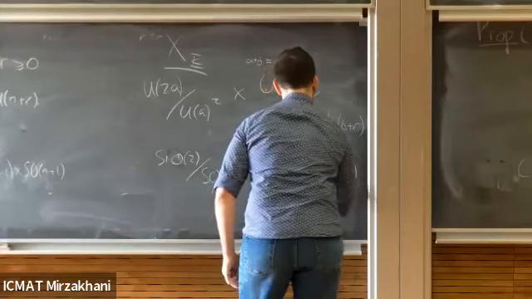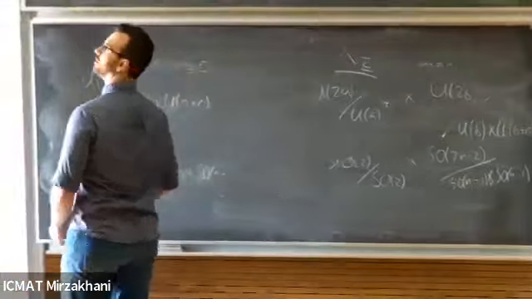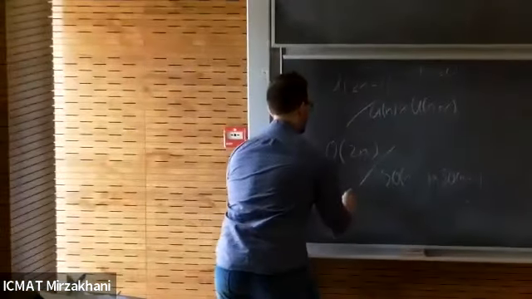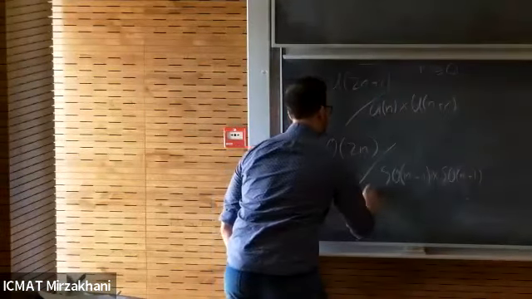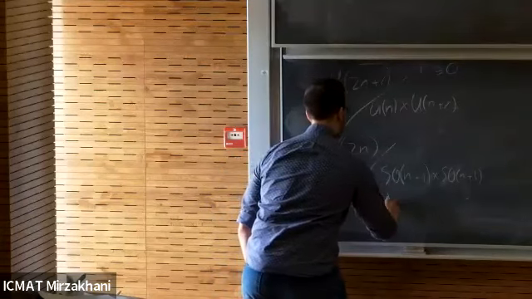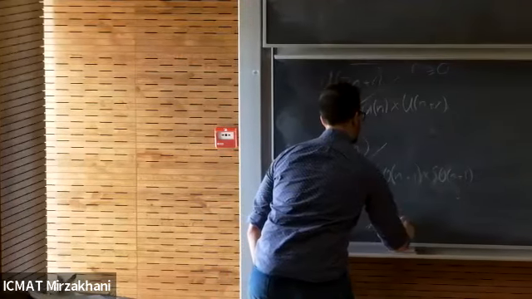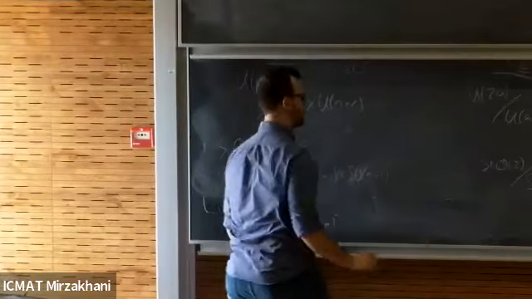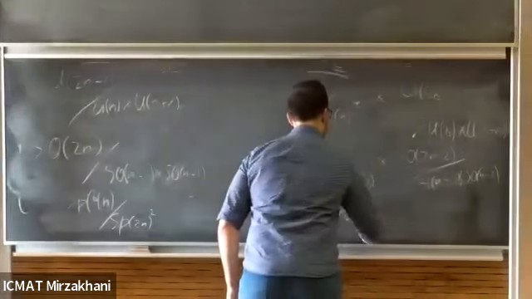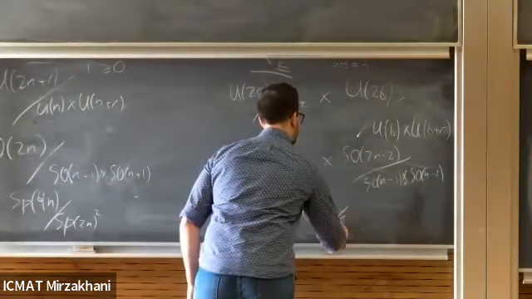And finally, my favorite little case, if I take Sp, a non-quasi-split case, Sp4n, Sp2n squared, we get SO4n, GL2.